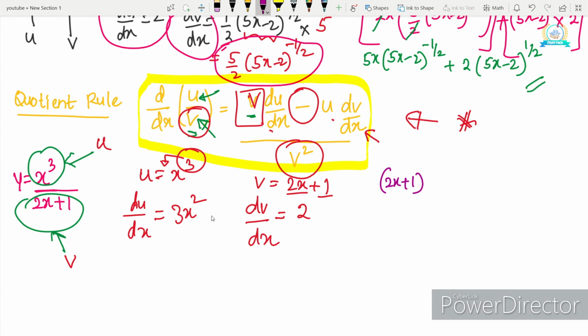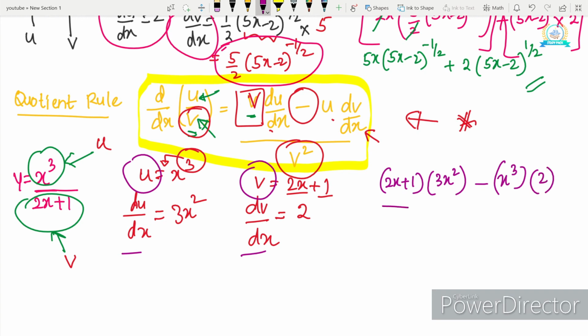So 2x plus 1 times du over dx, which is 3x squared. This method of taking u separately and v separately and finding their derivatives is a good method because you won't miss any part you have to plug into the equation, since you have everything orderly arranged. So minus, and your u is x cubed, and dv over dx, that's 2.